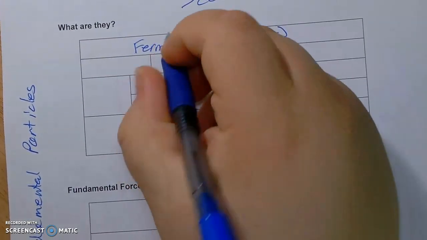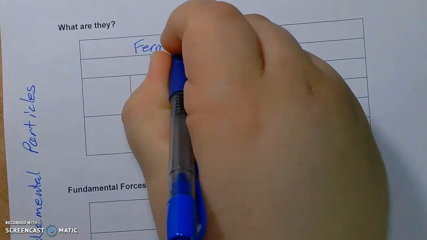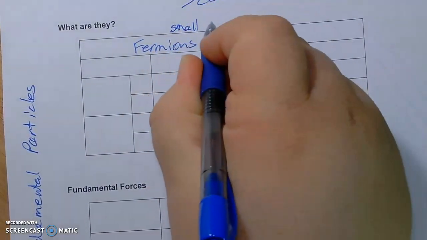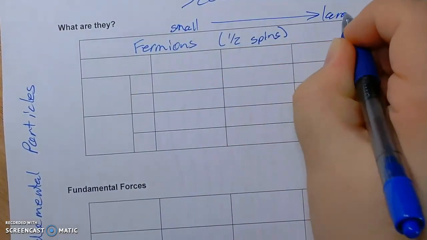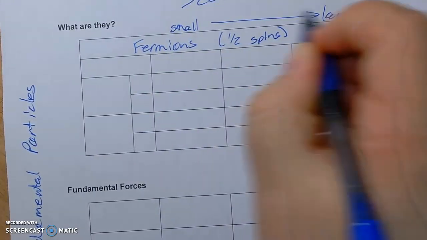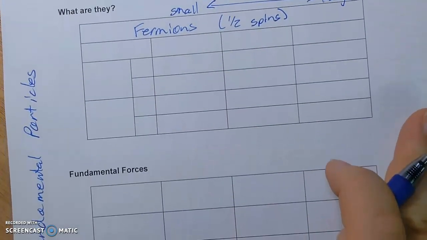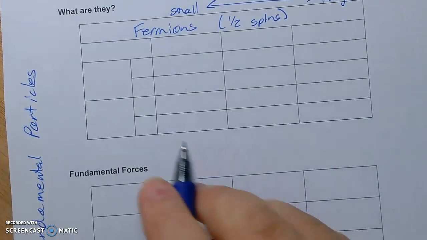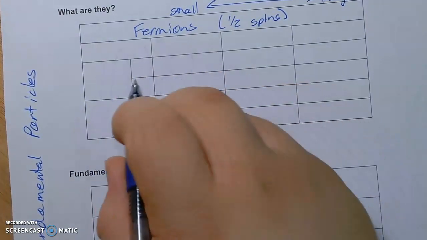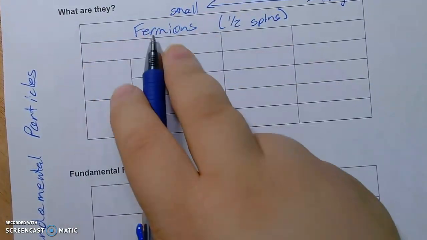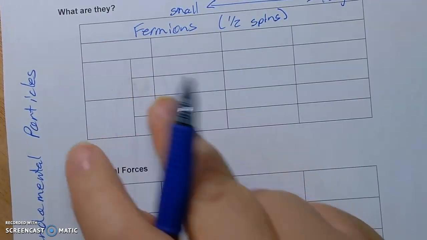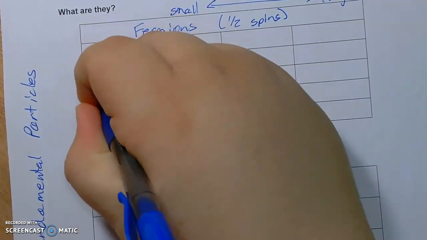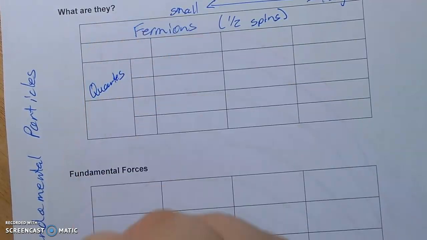Our chart here is going to be small subatomic particles on the left, and they're going to go to larger on this side. And let's see here. Fermions, we're going to divide into two different ones. We're going to talk about quarks, which is what the last video was about.